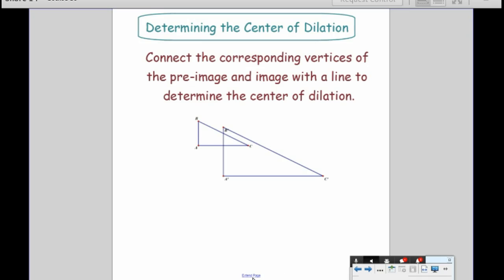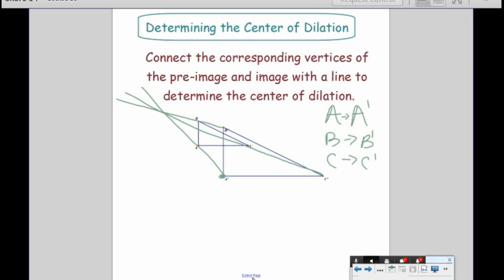So what you're going to do is take a ruler and connect A to A prime. Pretend I'm using a straight edge. You're going to connect B to B prime. And you're going to connect C to C prime.